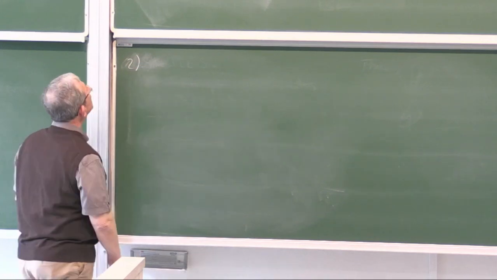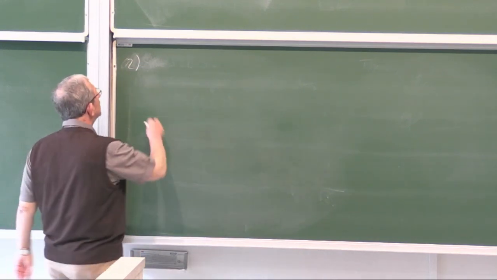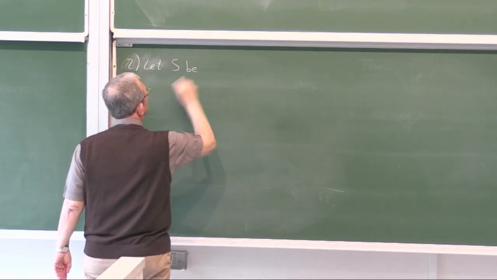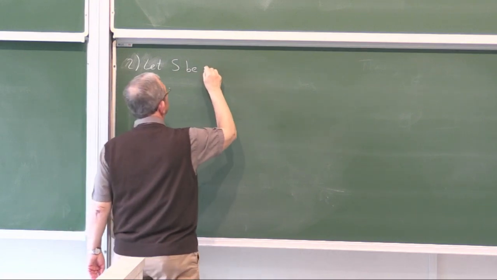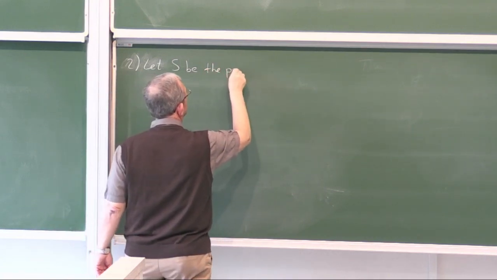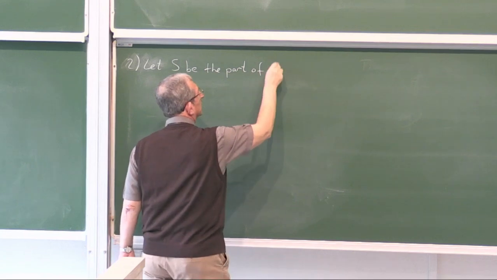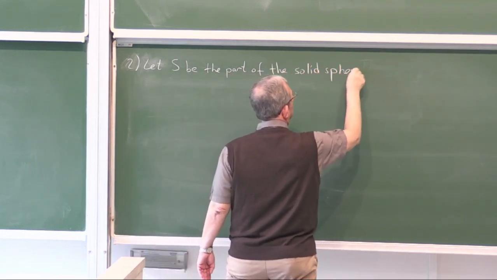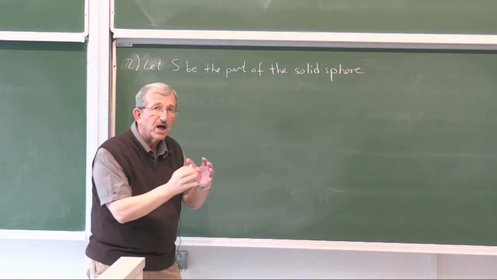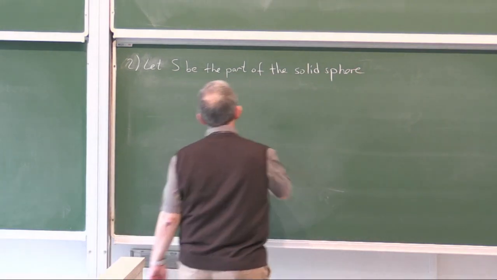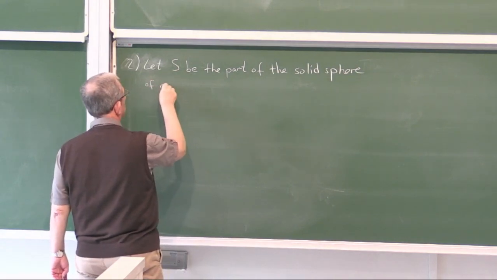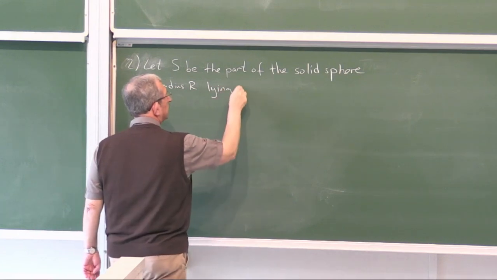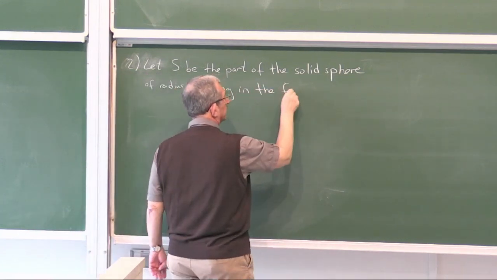Now, as a second example, let us consider the same question, but here S is the part of the solid sphere, to emphasize that its inside is included, of radius r, lying in the first octant.